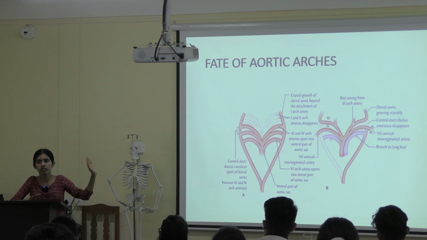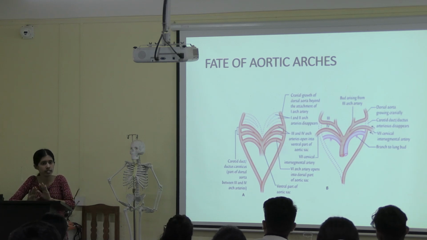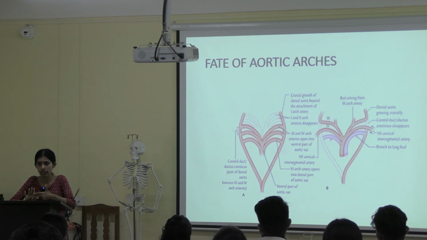The whole first and second aortic arch will not disappear, a small part will remain. From that also again few arteries will arise, I will discuss about that later. Now, remember that first and second have also disappeared. So, by the end of 6th week, we are only left with the 3rd, 4th and 6th aortic arches. Is it clear for everyone?